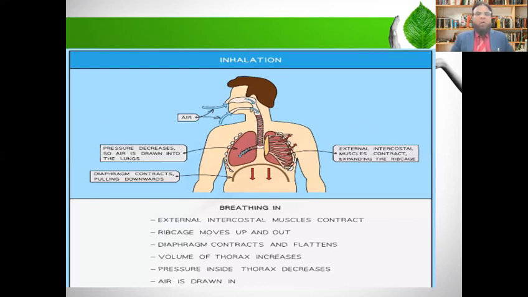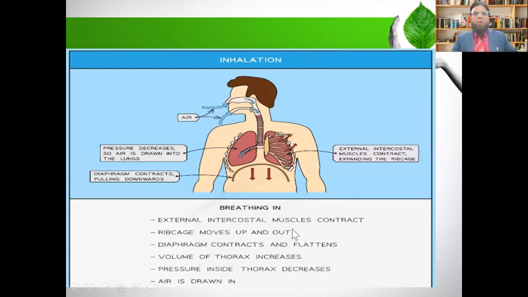Now here you can see inhalation and exhalation. When we inhale or exhale, what is the condition of the intercostal muscles, and what is the condition of the diaphragm? And what happens with the pressure of the air inside the lungs? See here, inhalation means breathing in. When you breathe in, the external intercostal muscles contract, and the rib cage moves up and outward.